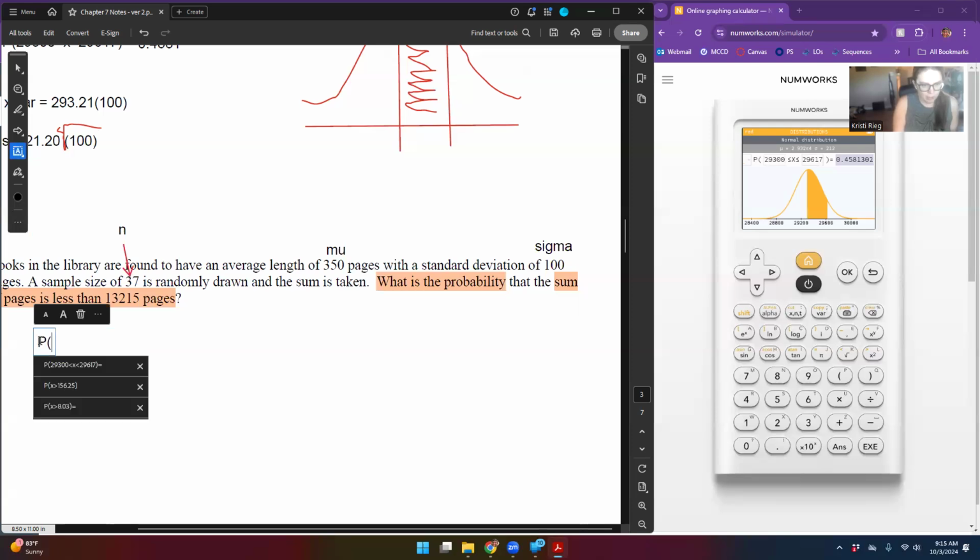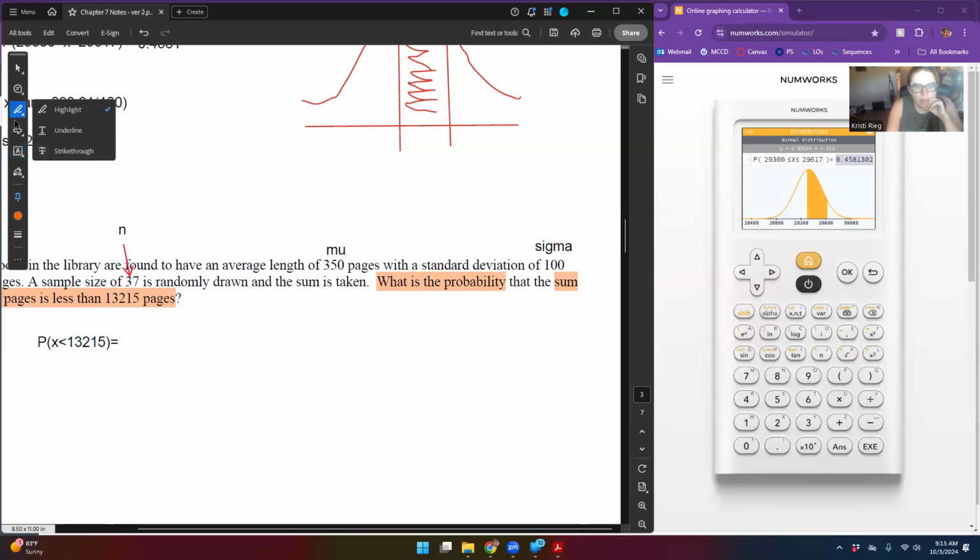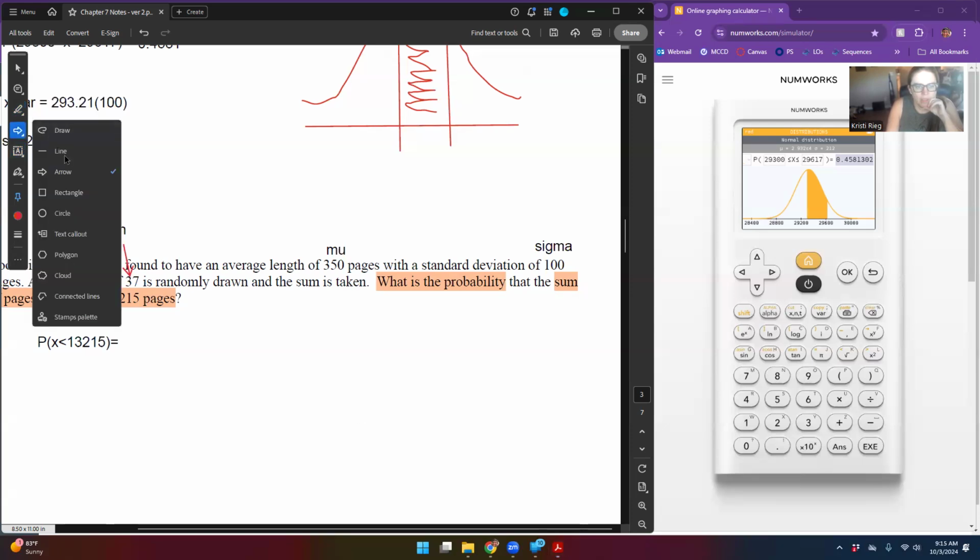Notice when we're writing out the probability, we're not worrying about the sum. We're just using that when we go to the calculator. The probability of the sum is less than 13,215.